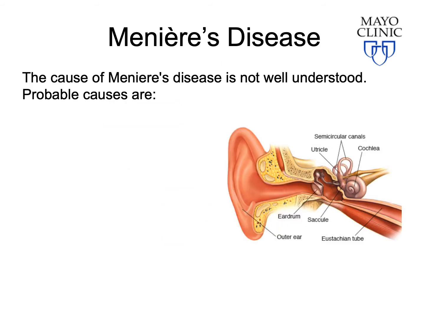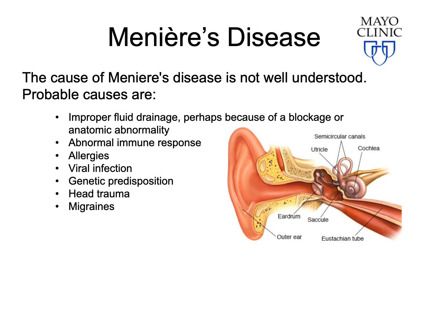So let's talk about Meniere's disease as our first case study. It's important to note that the cause of Meniere's disease is not well understood in the clinical literature. So there's some probable causes that have been proposed. Some of these include improper fluid drainage. So this could be just due to a blockage of the eardrum, so chronic ear infections, that type of thing.